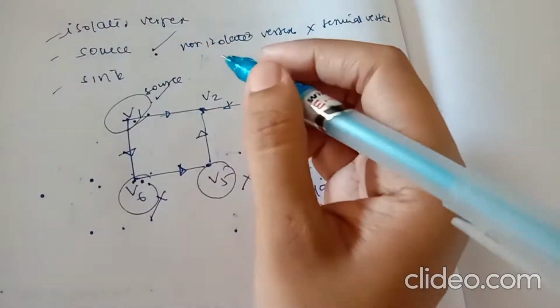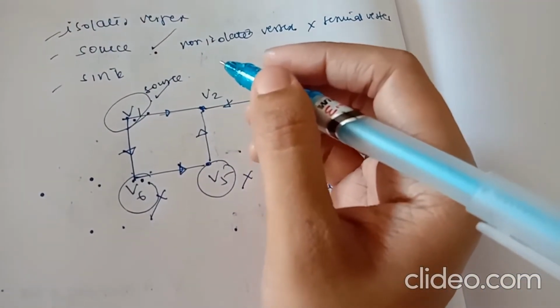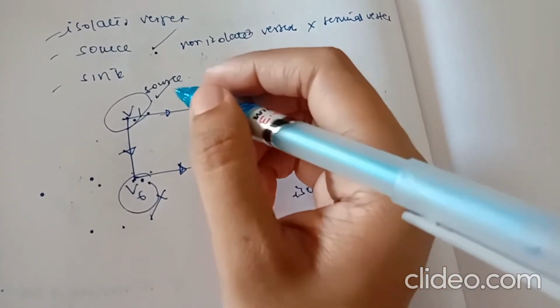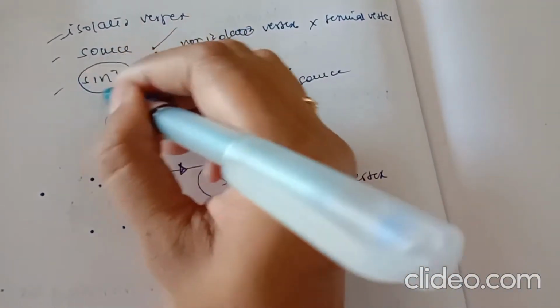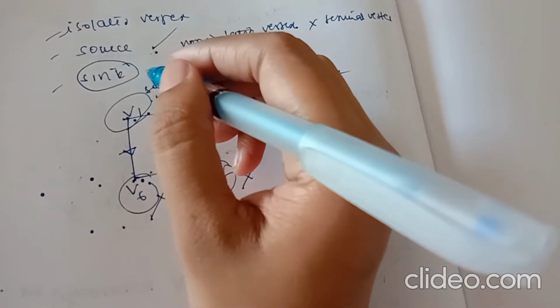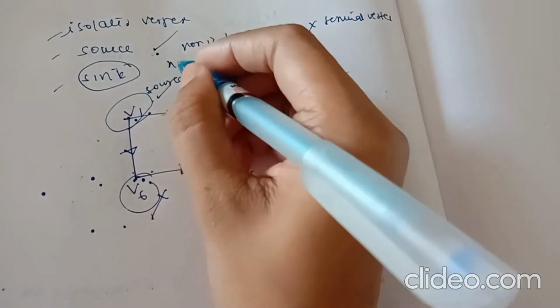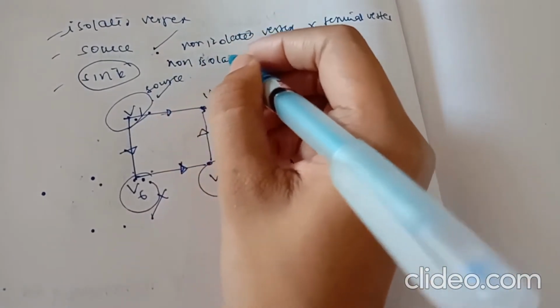So in the examination, they may ask you some definitions and examples related to the definitions. The next concept is about sink. When do you call a vertex a sink? A sink is a non-isolated vertex.